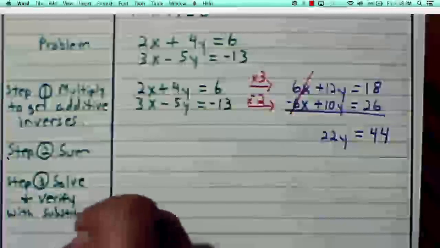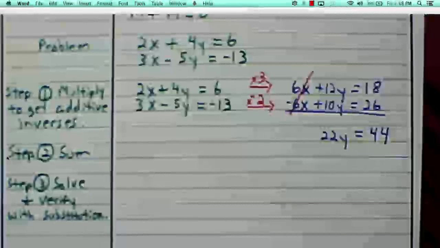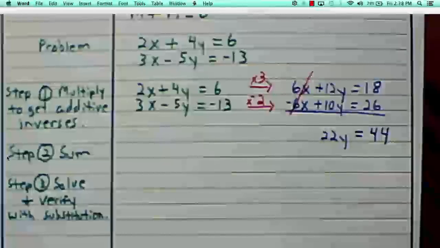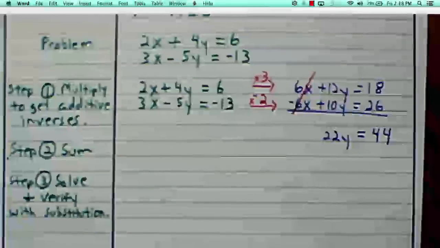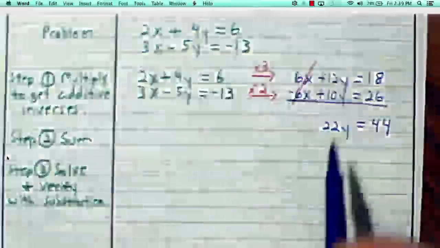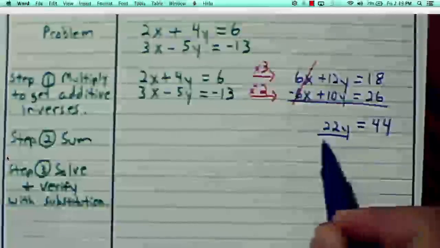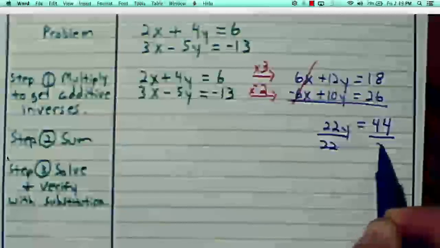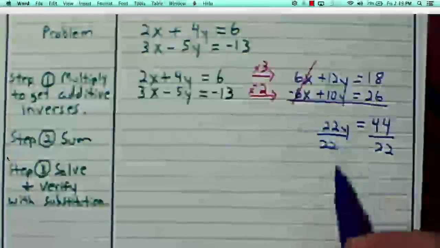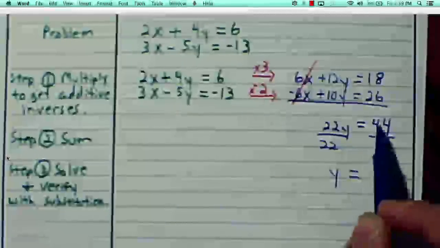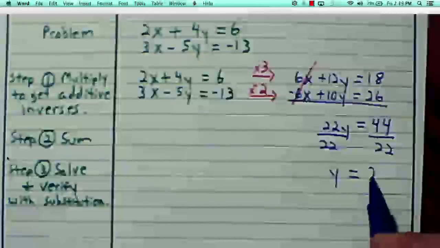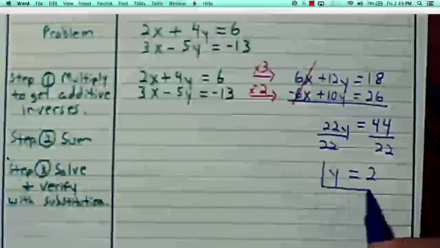So we're going to solve and see that indeed that solution satisfies our system. All right, we have 22y equals 44. I will divide by 22 on both sides. 22 divides 22 to leave y. 44 divides 22, that is 2. So now we have that y is 2.